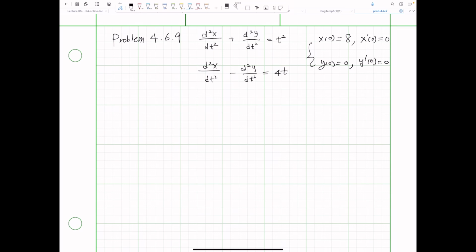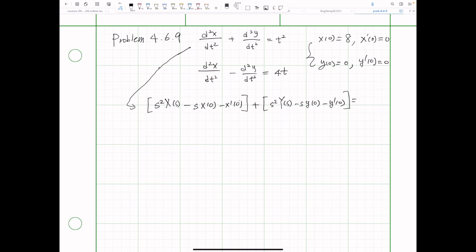Okay. So the first equation, we have s squared X(s) minus s X(0) minus X'(0). And then we have a second order for y this time, plus s squared Y(s) minus sY(0) minus Y'(0).